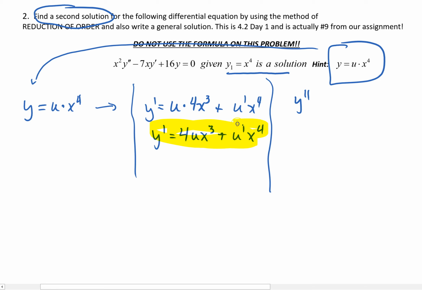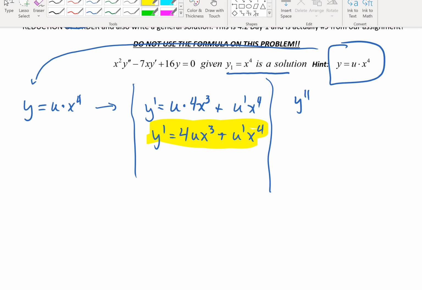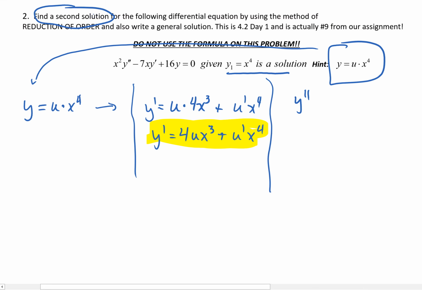What we're going to do next, however, is take this derivative that we just had here, and go ahead and take our next derivative because we're going to be substituting this in. And now we're going to have to do two product rules. You can see that y double prime, as we take a look right here, is going to be 4u times this 3x squared. That's our derivative of the first part.